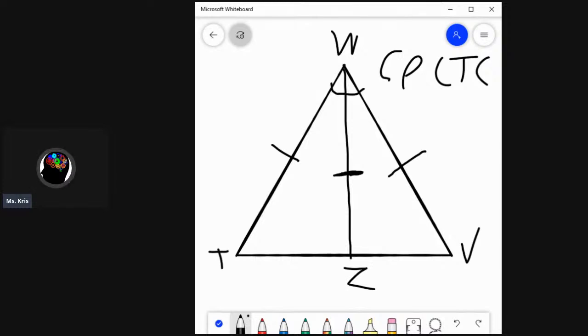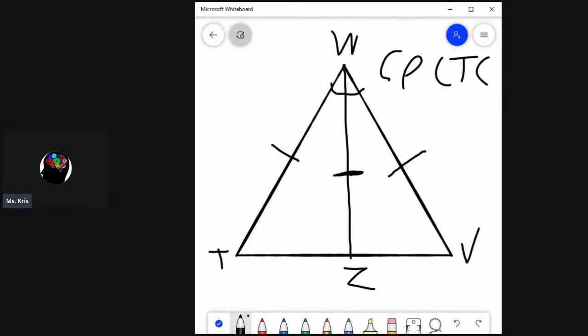I find out based on the bisecting of angle TWV by WZ that angles TWZ and VWZ are congruent angles. Because by definition, if you bisect something, that means they have the same angle measure. Then, of course, reflexive property says WZ is equal to itself.